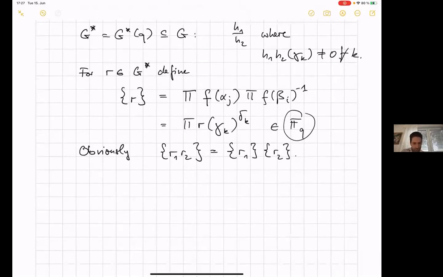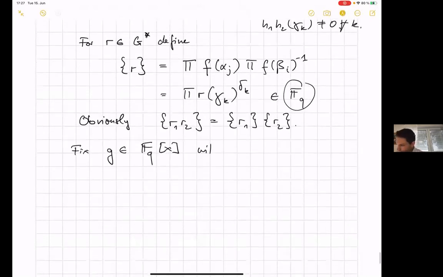Okay, and we do the same thing on the additive side. This is for the multiplicative side. Now we do it for the additive side. So fix once and for all some polynomial g with degree of g equals n, and without loss of generality, because later I want to put it into an additive character, I can just move out a constant.